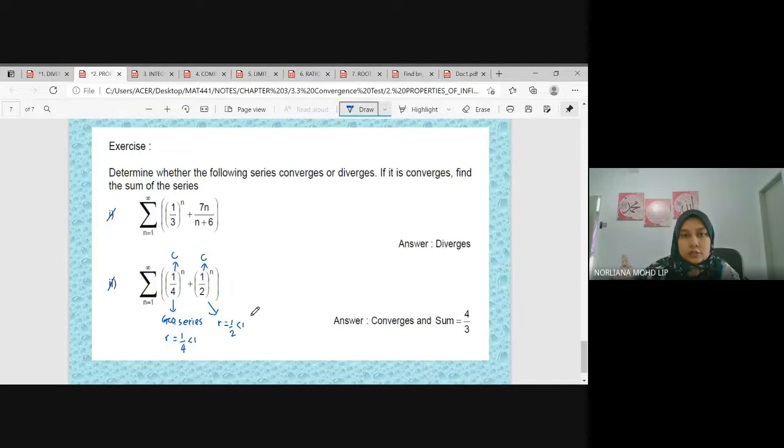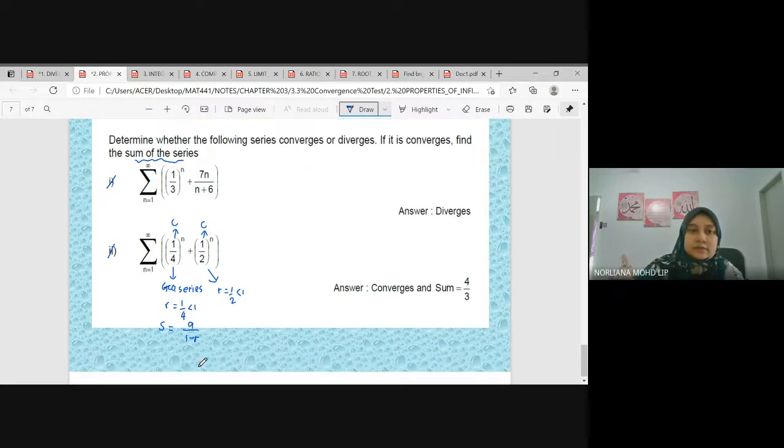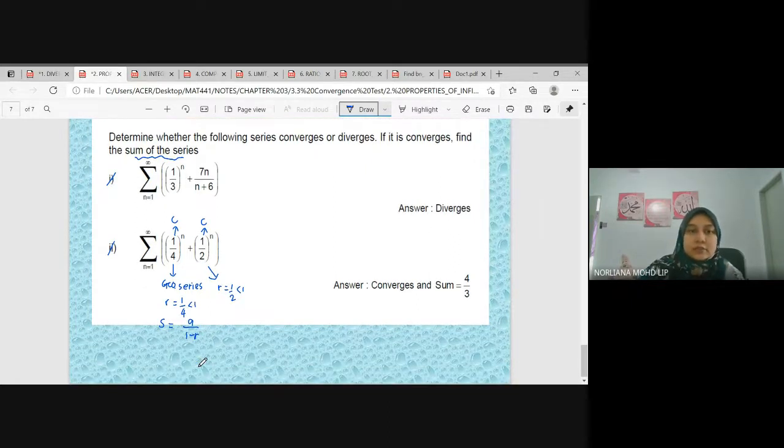Okay, so dua-dua converge, kita perlu cari if it's converge, then find the sum. Kena cari sum lah. Sum sebelum ni yang kita dah belajar untuk last week, sum is equal to A over 1 minus R. A is the first term over 1 minus R. R is common ratio.